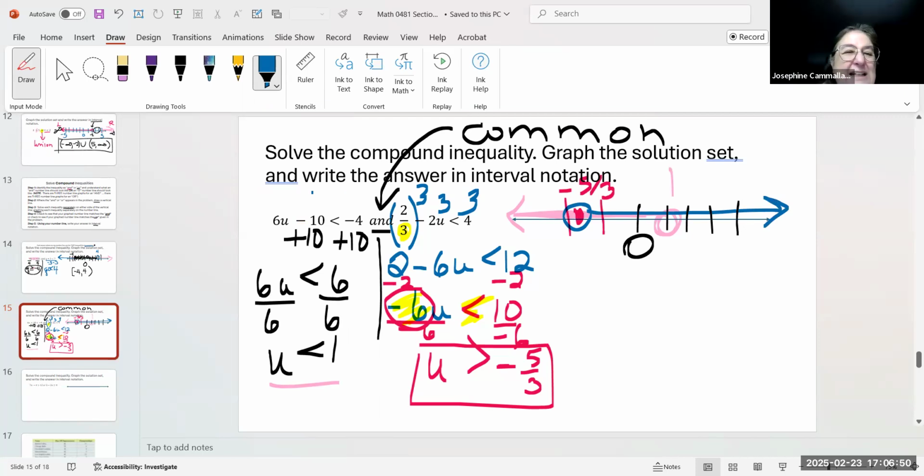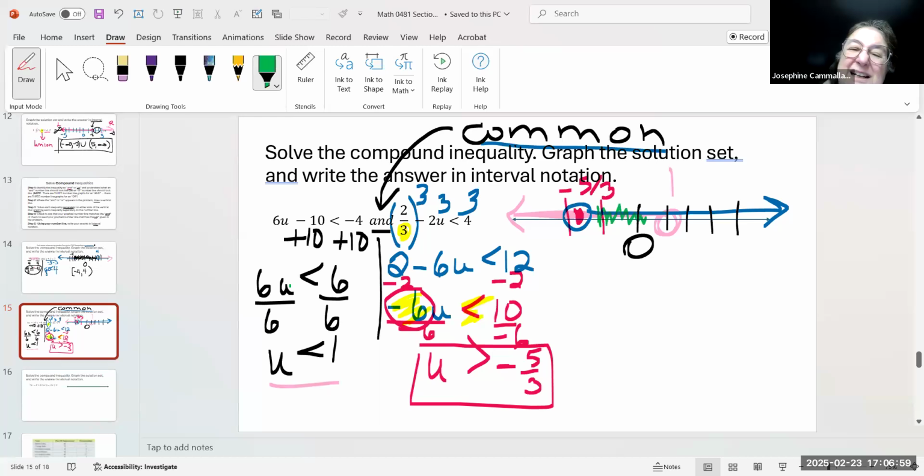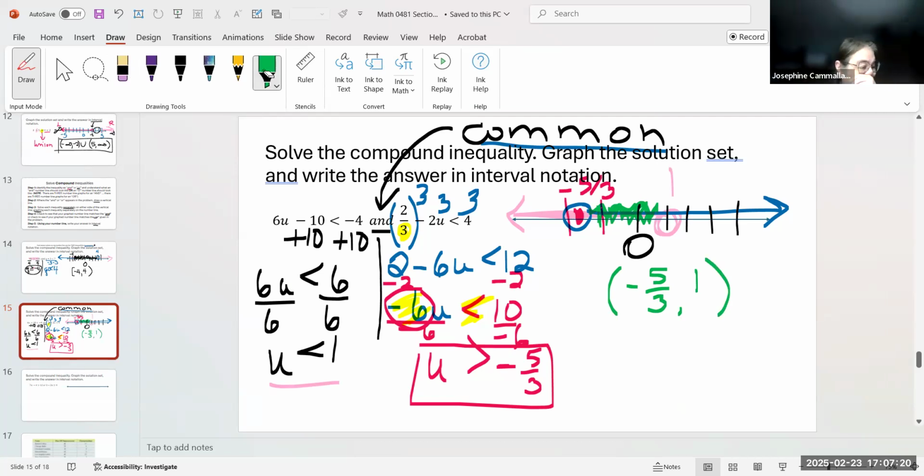Okay. Now, where's my common part? It's between here. Now, this will give me negative 5/3, comma, 1, and it is parentheses. Okay?